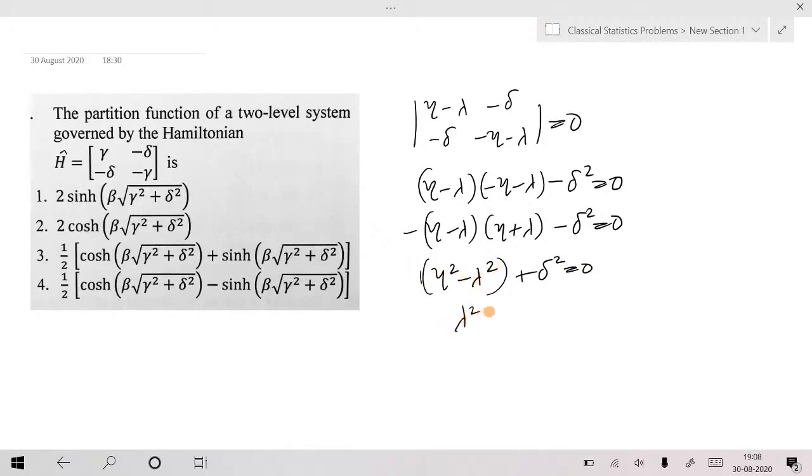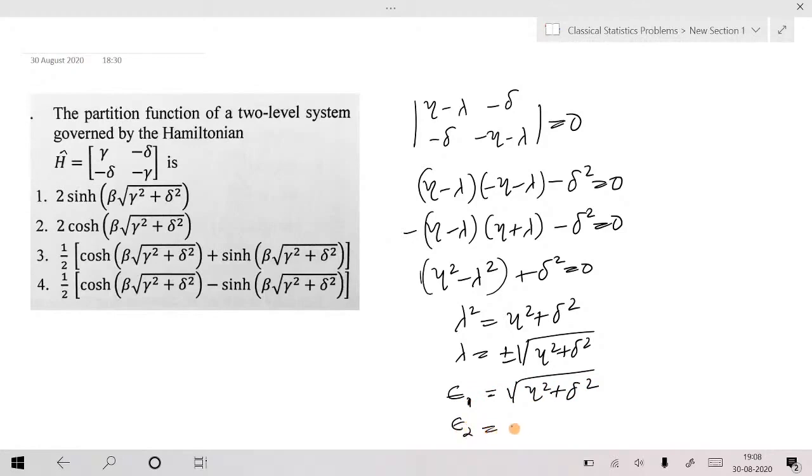Lambda square is equal to gamma square plus delta square. Lambda is equal to plus or minus root of gamma square plus delta square. These are the energies. E plus, or E1, is equal to plus root of gamma square plus delta square. E2 is equal to minus root of gamma square plus delta square.